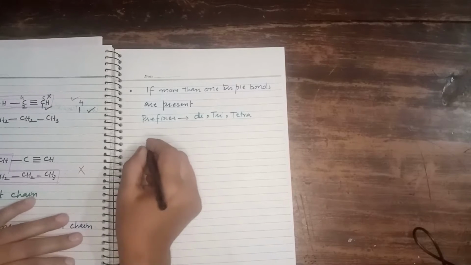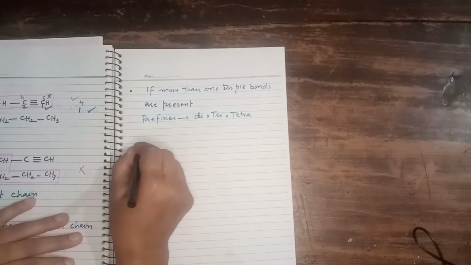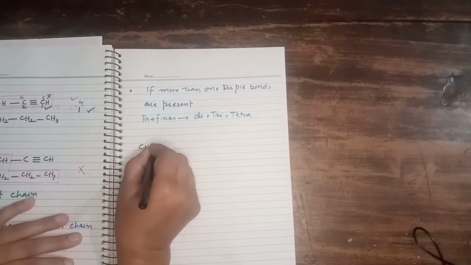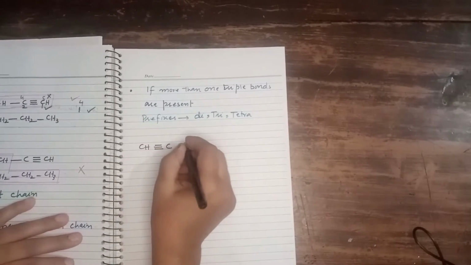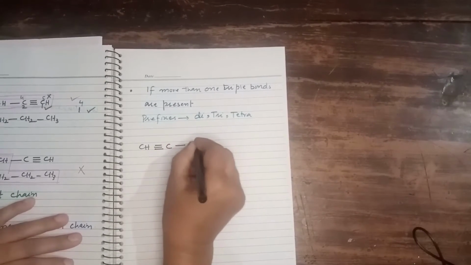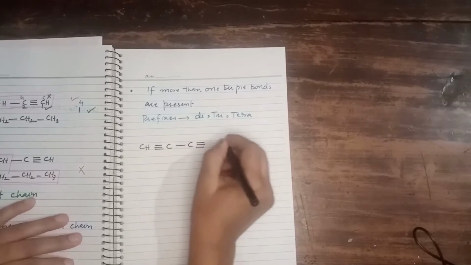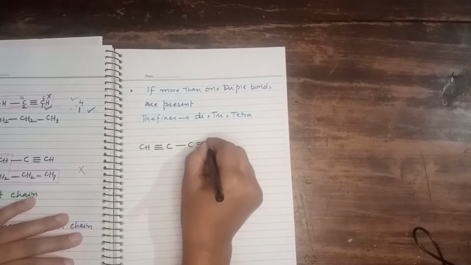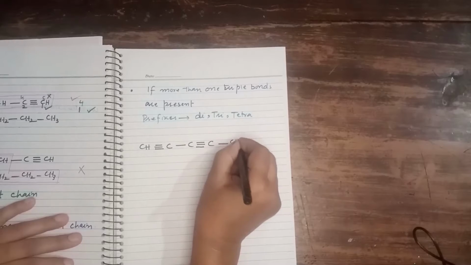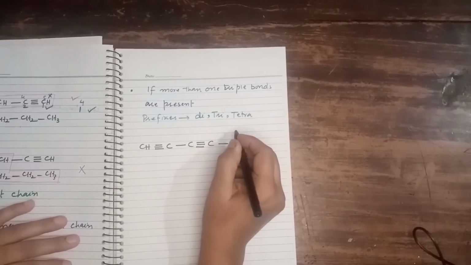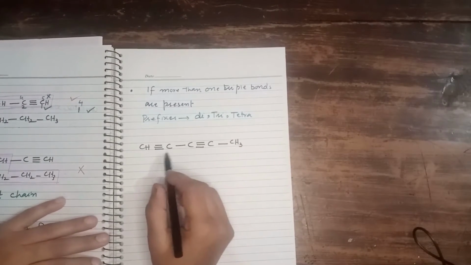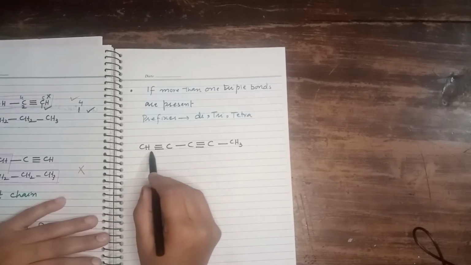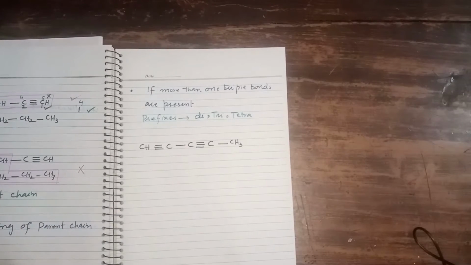Suppose we have a molecule like this, CH triple bond C, C triple bond C, CH3. Now students, there are 2 triple bonds, right? Do the numbering of this molecule.